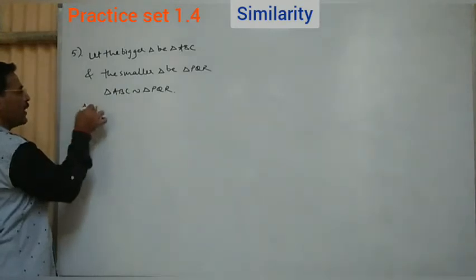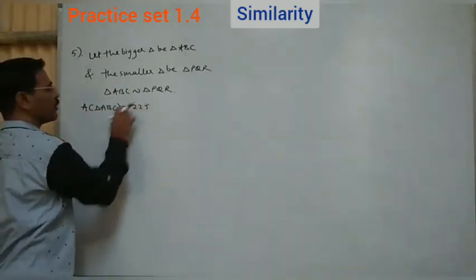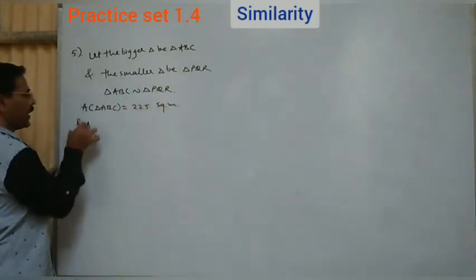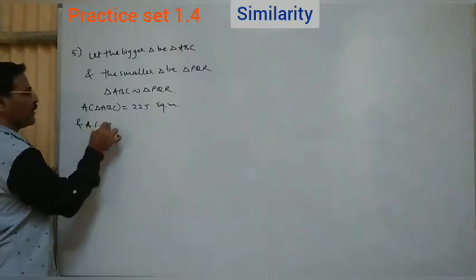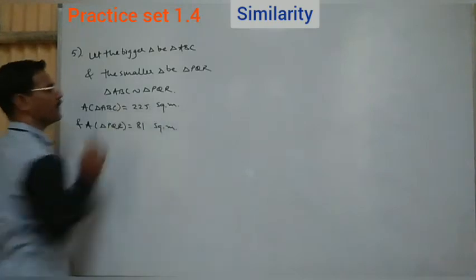Now area of bigger triangle ABC is given to us, 225 square meters, and area of smaller triangle PQR is 81 square meters.